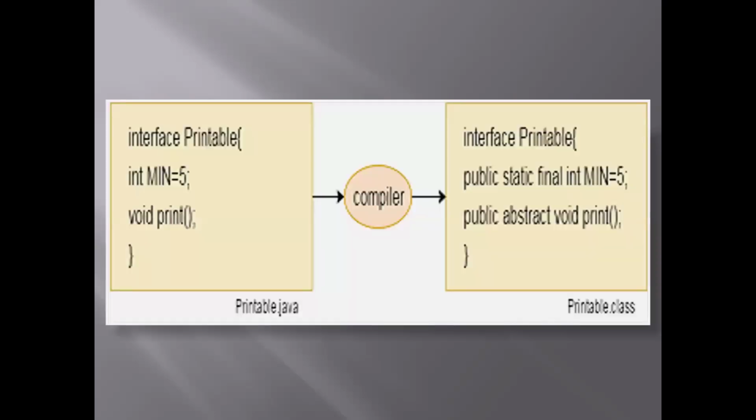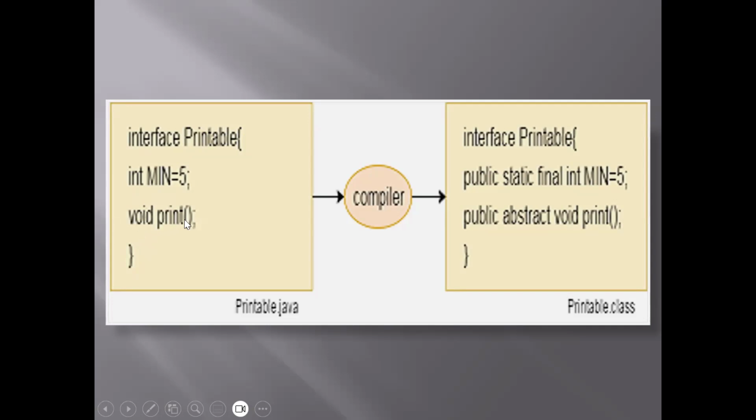This one shows you what happens behind the scenes when you create an interface. Imagine that you have an interface on the left side called Printable. It begins, as you can see, with a capital letter, and opening and closing curly brackets. This is the body of my interface.